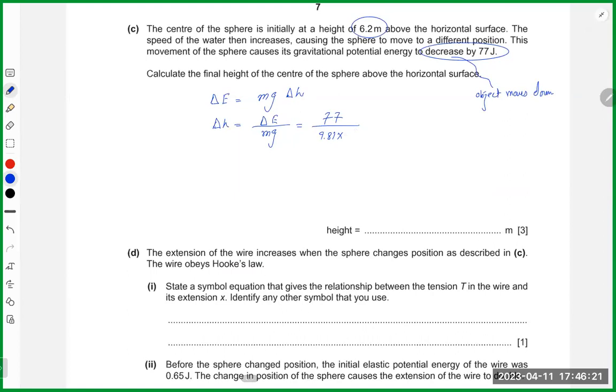Mass will be weight over gravitational field strength. So, oh, I can just directly put mg over here. mg is 32.